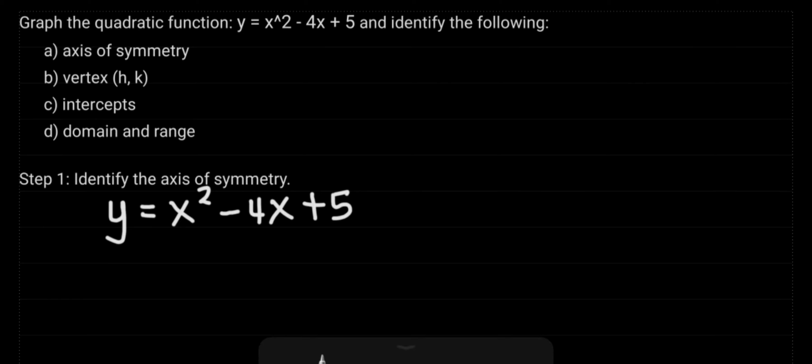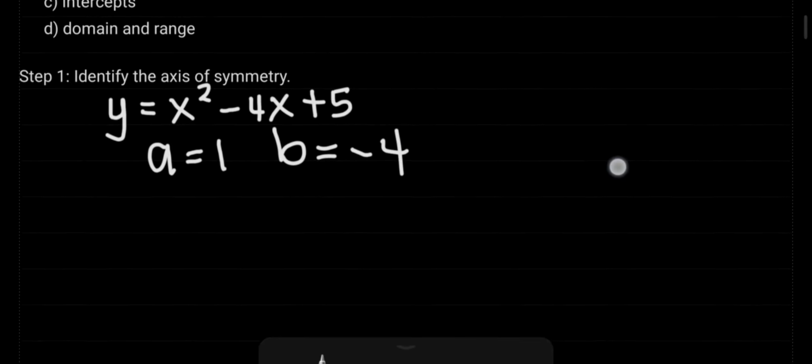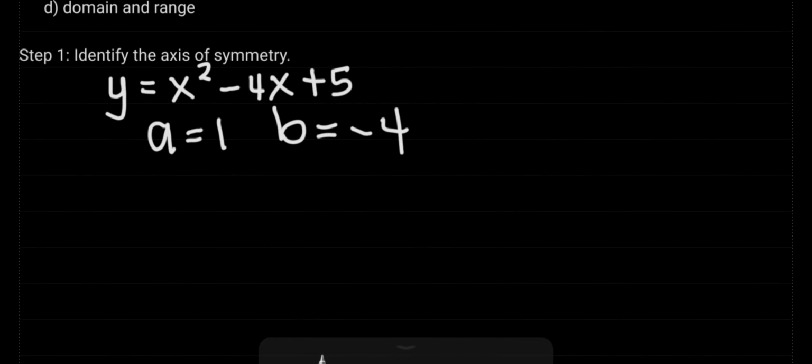So from the given quadratic function y equals x squared minus 4x plus 5, first we are going to identify the value for a. A is 1 and b is negative 4. So we are going to solve for the vertex h, k. From the formula, h equals negative b over 2a.